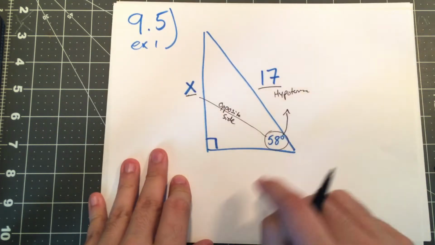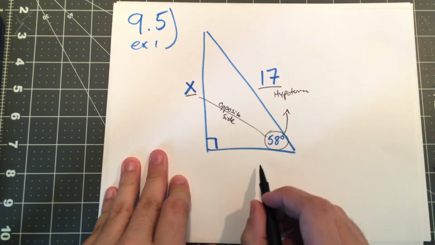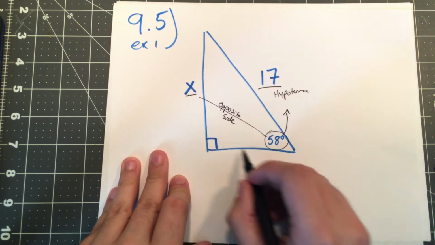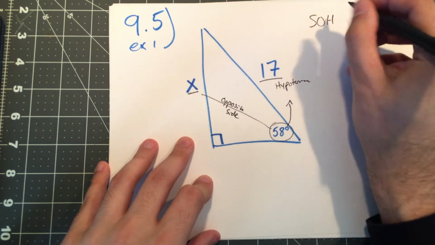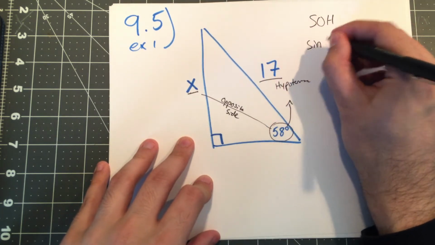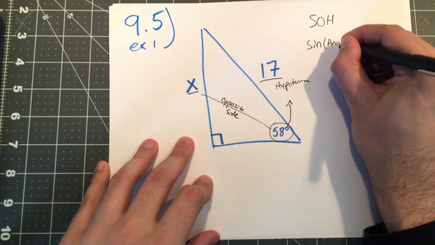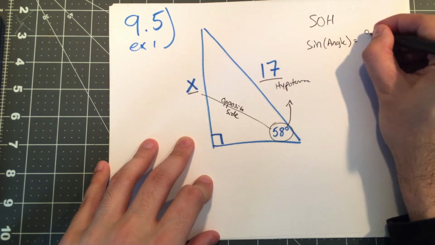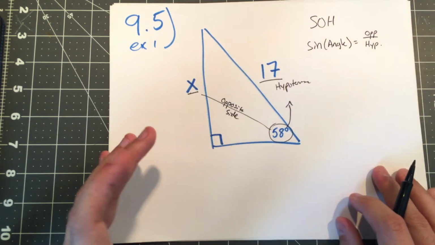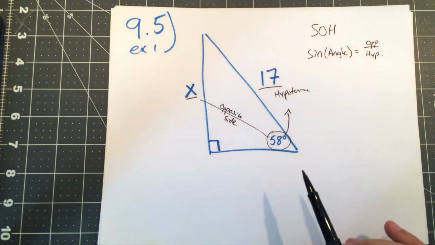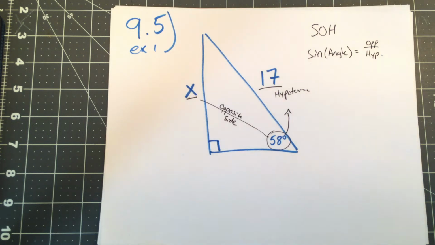So if I have the opposite side and the hypotenuse, I don't have, nor am I looking for the adjacent side, I'm going to use sine. The sine of an angle is opposite over hypotenuse. I have to use a sine here, based on all the things I had.